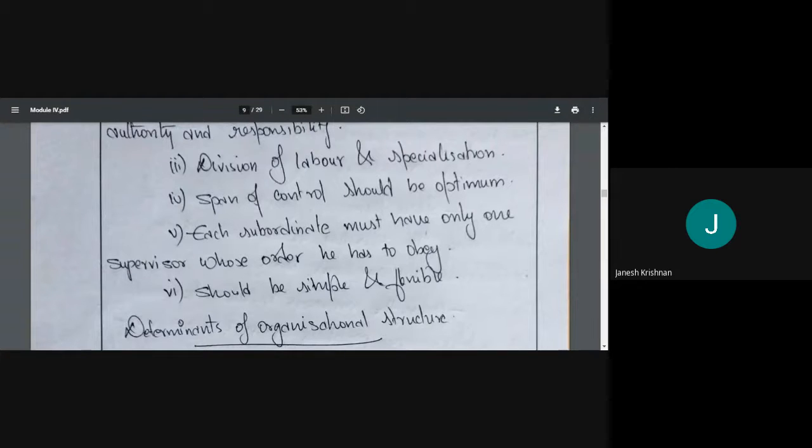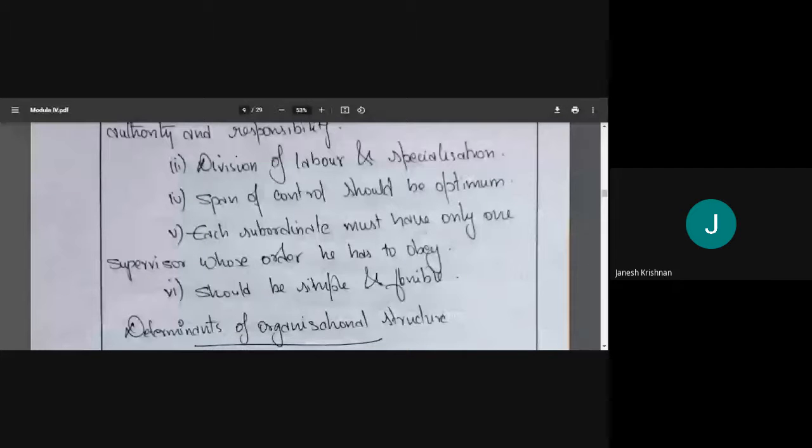You cannot say the other batch guide has said that, so I've done that. No, you should always follow your own supervisor. Important, simple, flexible, not too many.